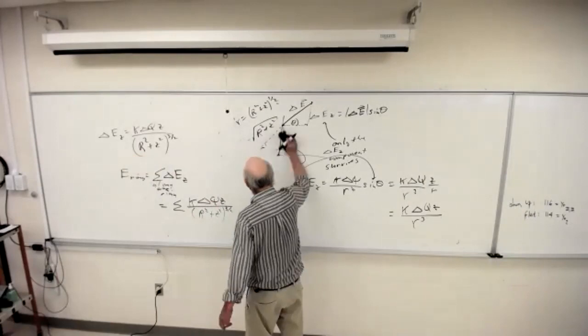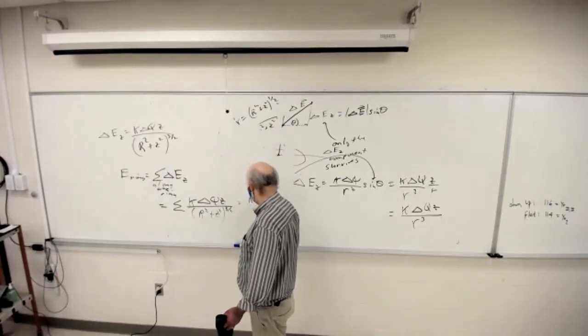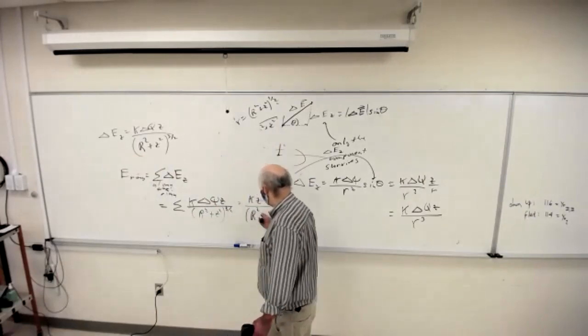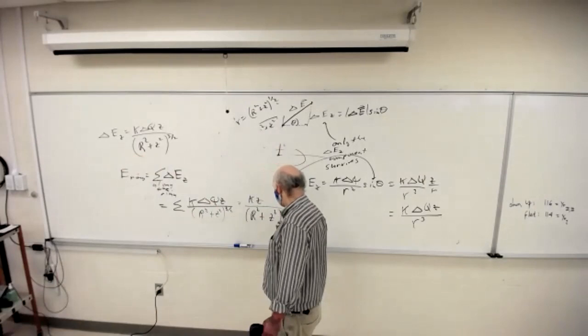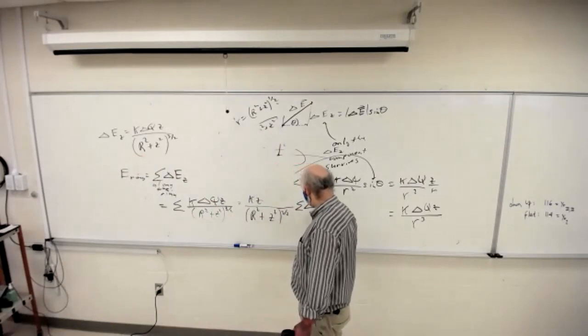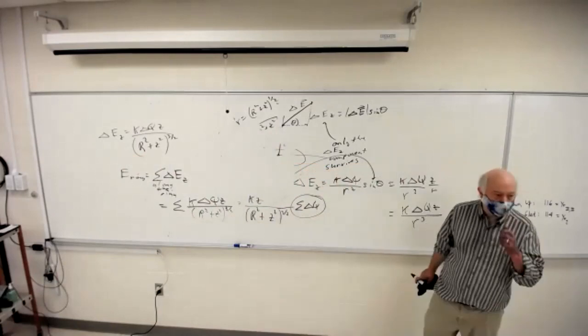We're summing the delta Q, so I can't pull that out. You tell me what that is. What is the sum of all the delta Q's on the ring?